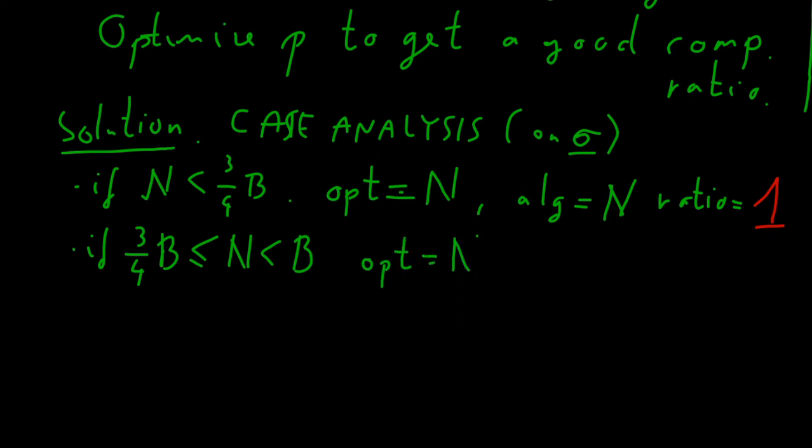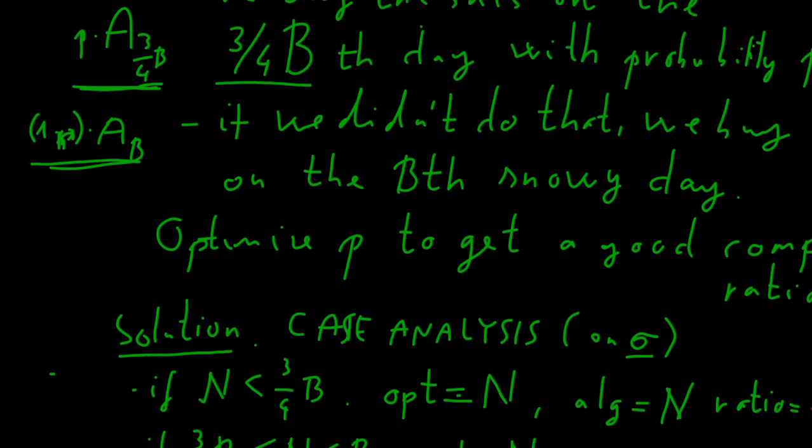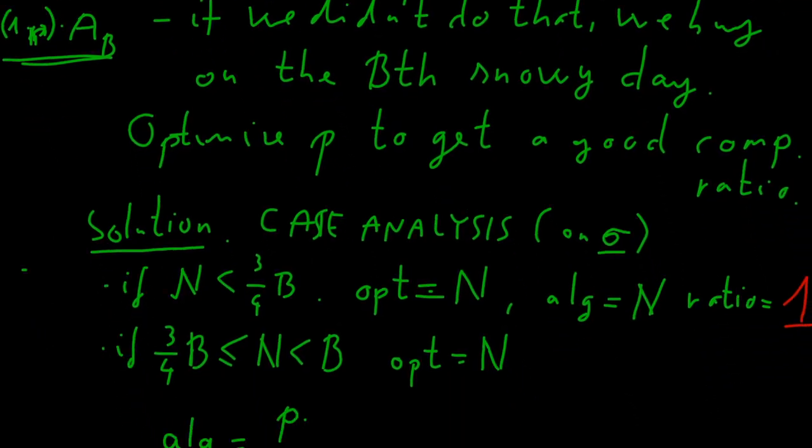For these cases, it's better just to keep renting. Now the algorithm's cost, now what's this? So with a probability of p, I'm running this a3 over 4 b, right? So it's just the probability of p, I'm just running this algorithm.